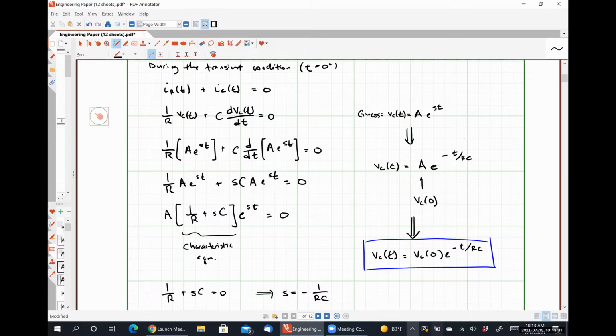Okie dokie. All right, so we now have the framework by which to solve really any RC circuit, just like we did our LC circuits.